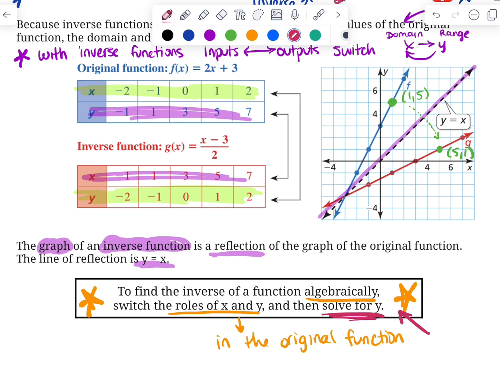Once you've solved, you're going to have the inverse, which we would note: the original is f of x, the inverse is f negative 1 of x, meaning f inverse of x.